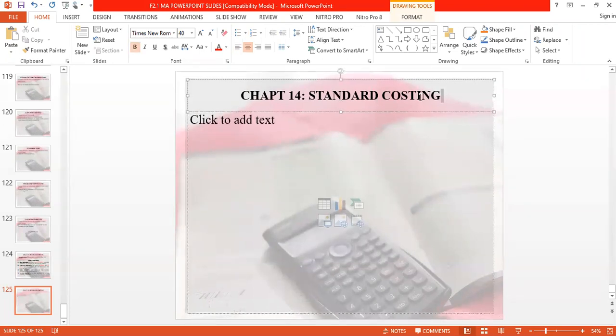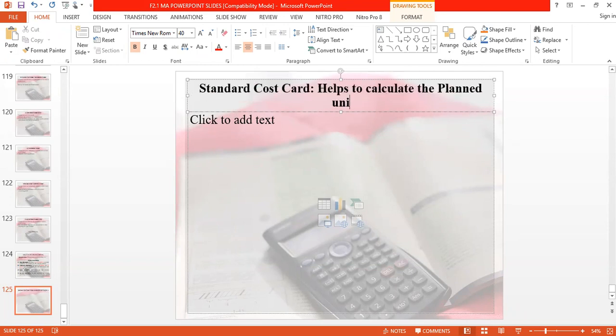So why don't we go to what we call a standard cost card? A standard cost card is what helps to calculate the planned unit cost of a product or service.